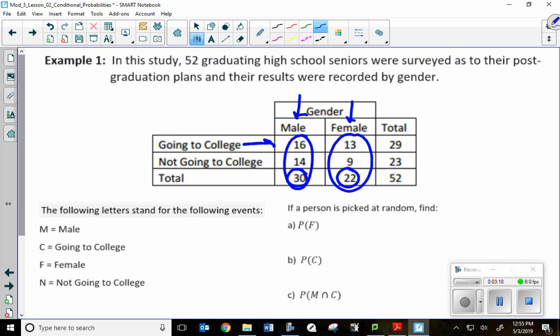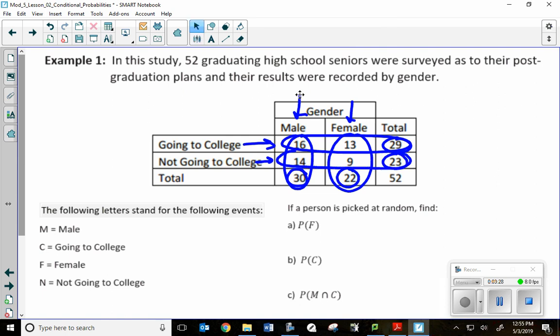Here are all the people going to college, a total of 29. And here are all the people not going to college, a total of 23. And as the problem first states, this is my overall total, the bottom right corner. They interviewed 52 graduating high school seniors.